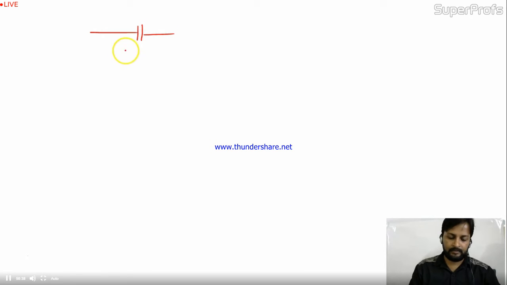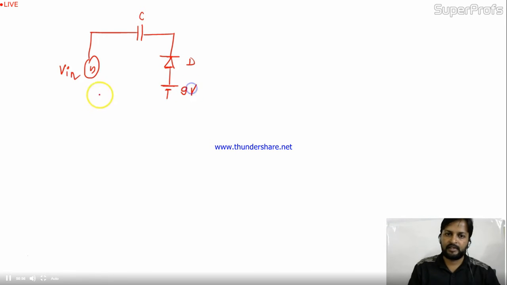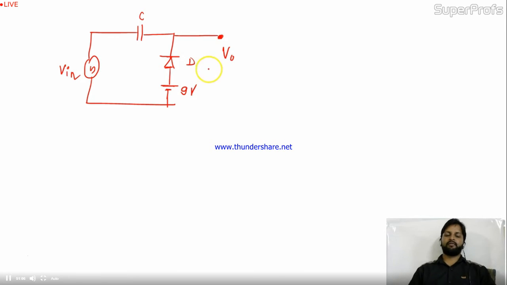Here this is the capacitor C, connected directly with input V in, like this. Here I have diode D. The positive terminal of the diode is assigned 9 volt forward voltage. Here the output is V0. We have to draw the output waveform.